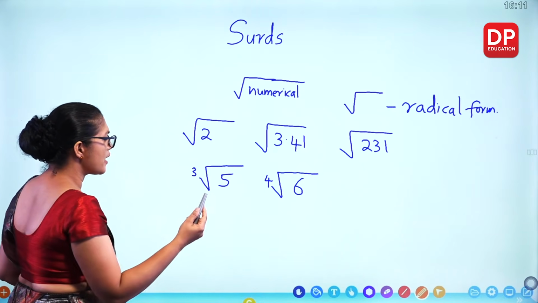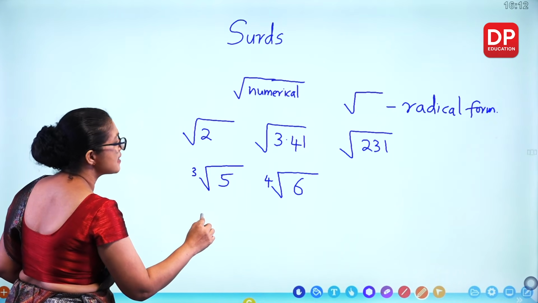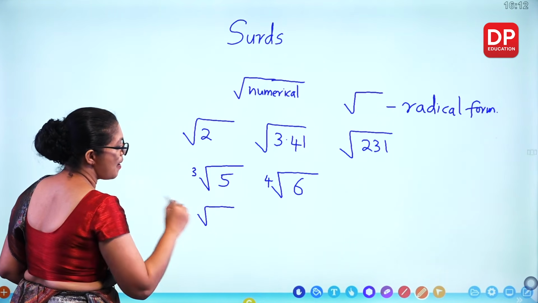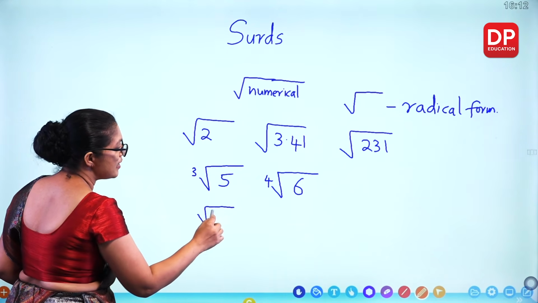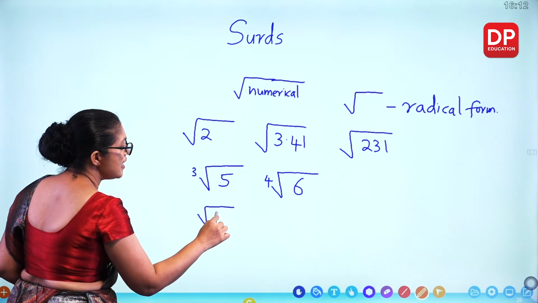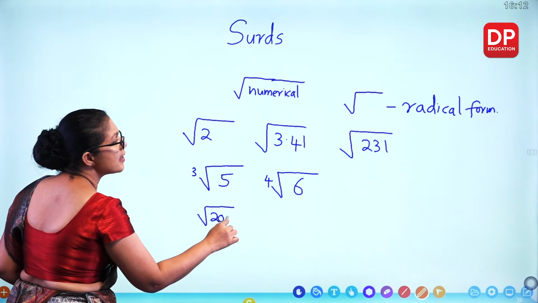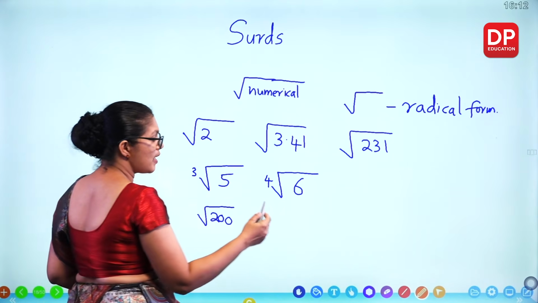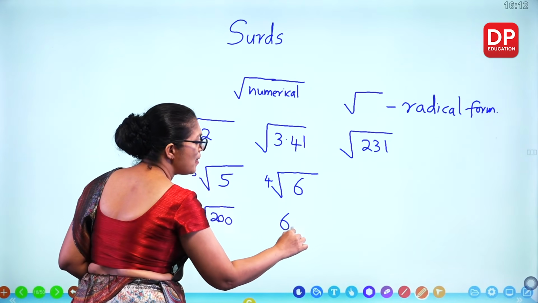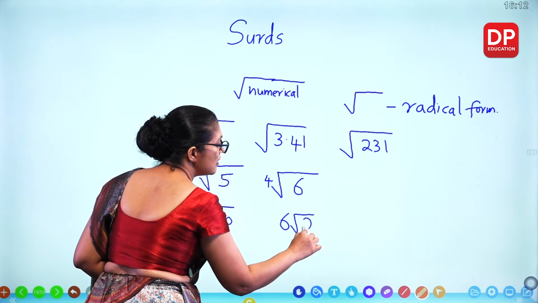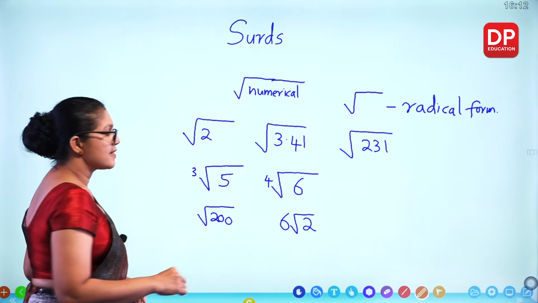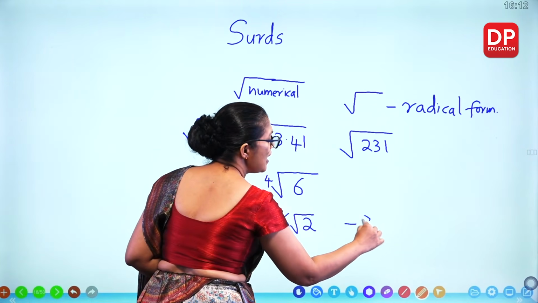And also you can get radical form with any big number, 200. And also you get a whole number and a radical value like this. It can be negative.